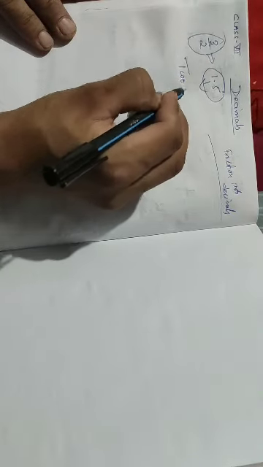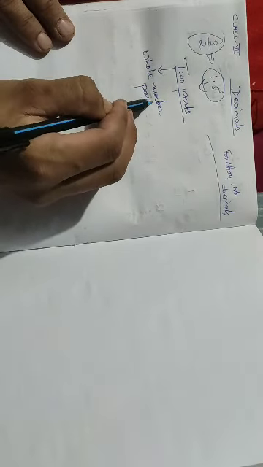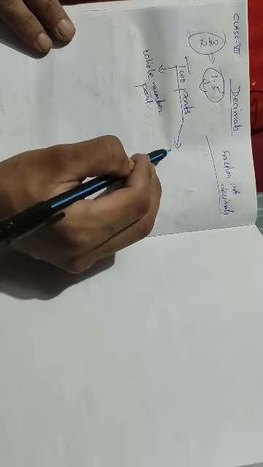Now the decimals have two parts. Number one is the whole number part, and number two is the decimal part.